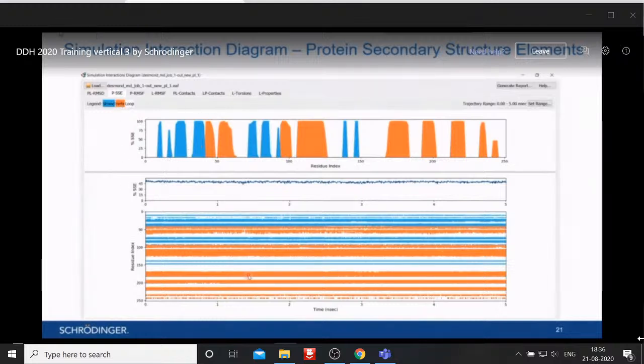To white, it means white is for loop, meaning your helix is being converted into loop, and that could induce instability in your protein structure.